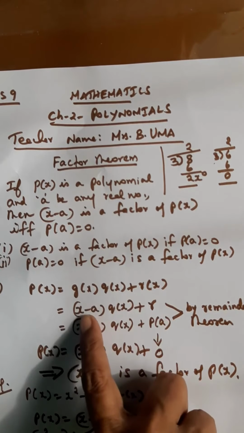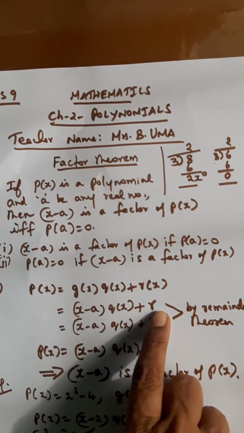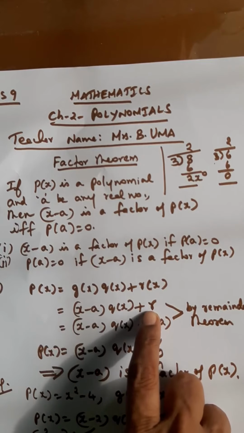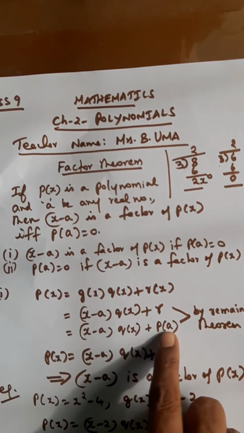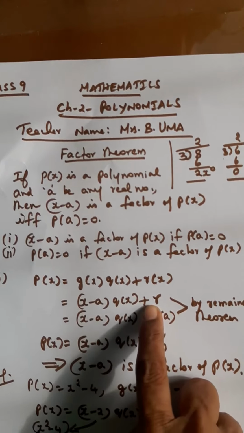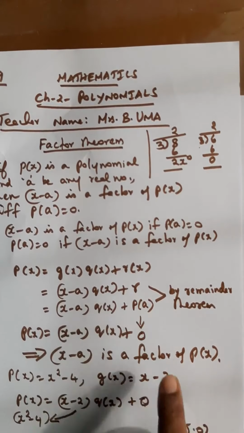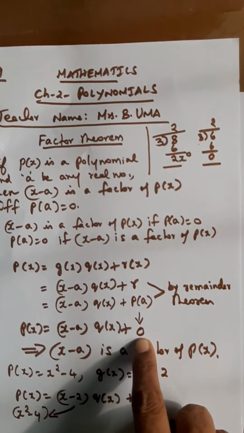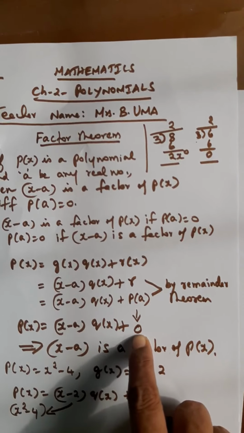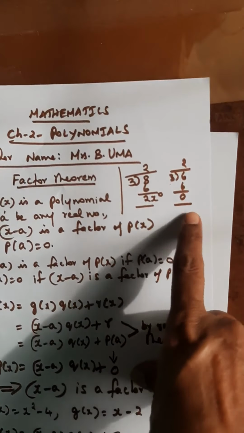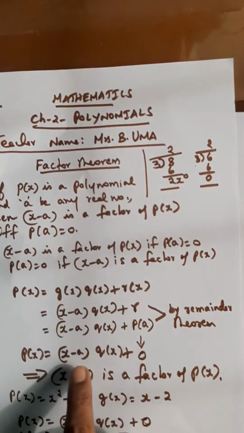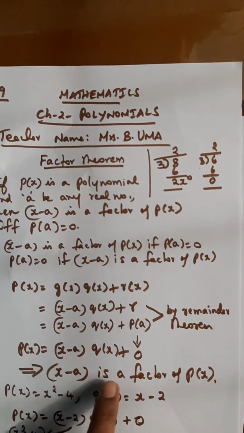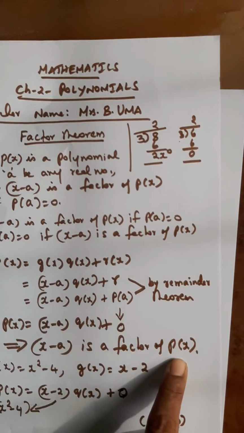Since the divisor has degree 1, the remainder's degree should be 0, so r becomes a constant. By the remainder theorem, p of a equals r, which we already proved. Here, given p of a is 0, once the remainder becomes 0, the divisor will become a factor. Thereby x minus a becomes a factor of p of x.